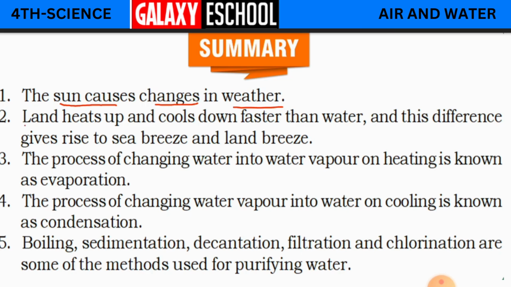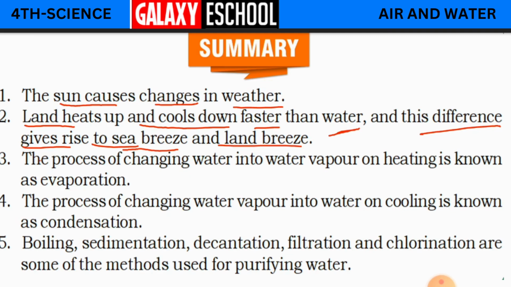The second one is land heats up and cools down faster than water, and this difference gives rise to sea breeze and land breeze. We have learnt about sea breeze and land breeze, no children? Why do we get this? Because land heats up and cools down faster than water. Because of this difference, we get sea breeze and land breeze.